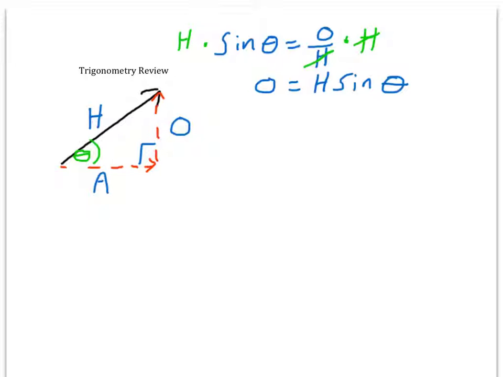So let's just say that you have a triangle that has a hypotenuse of, I don't know, 10, and that the angle is 30 degrees.